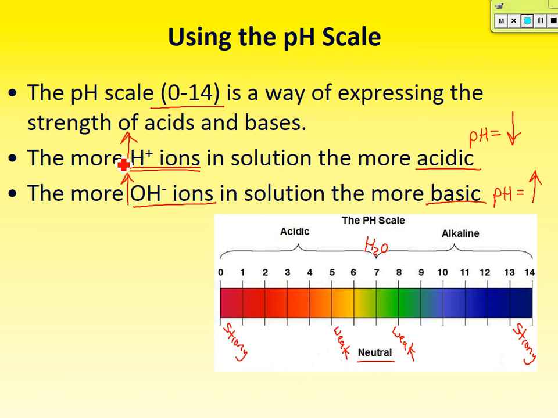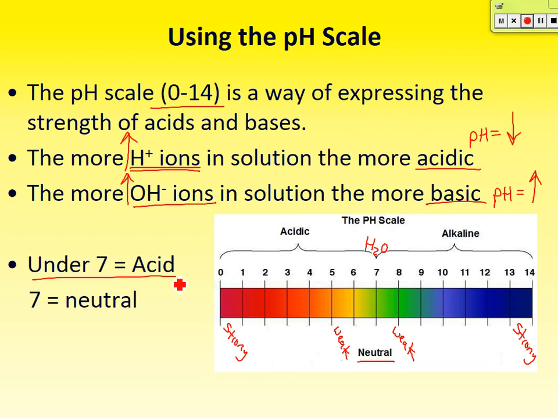But be careful with the acid. Remember, acids are lower than 7. So if you put in more H+, the pH is going to fall. It becomes stronger acid. Okay, so under 7 is an acid. Right at 7, that's neutral. And of course, over 7 is a base.